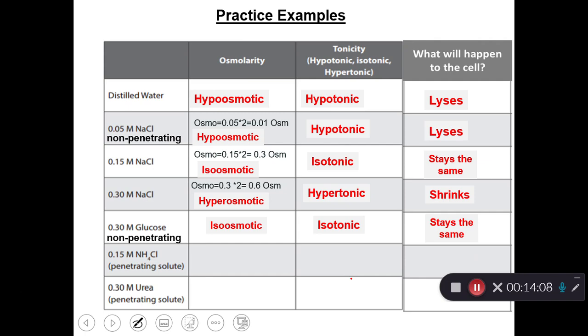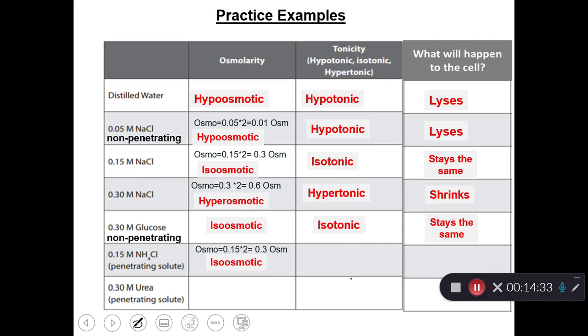How about 0.15 molar ammonium chloride? The osmolarity is 300 milliosmoles, so that is isoosmotic. How about tonicity? It is penetrating, meaning zero non-penetrating. That means the solution has less than 300 milliosmoles of non-penetrating solute.